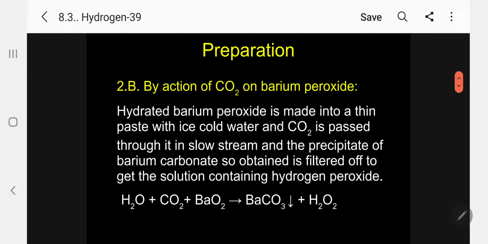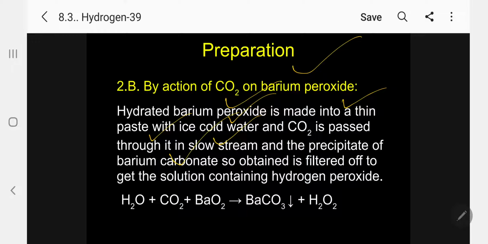Then another method of preparation is by the action of carbon dioxide on barium peroxide. Hydrated barium peroxide is made into a thin paste with ice cold water, and carbon dioxide is passed through it in a slow stream instead of dilute sulfuric acid.